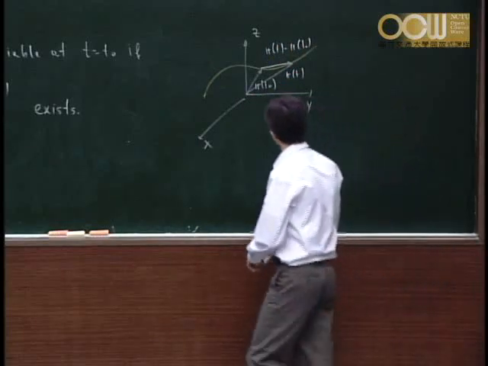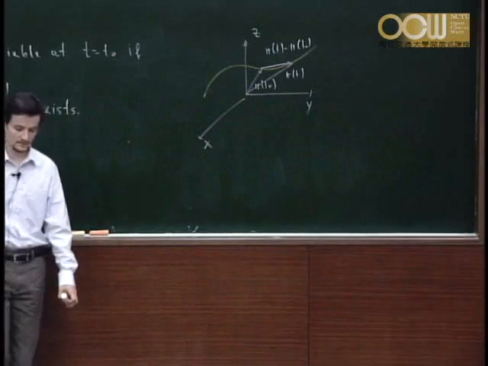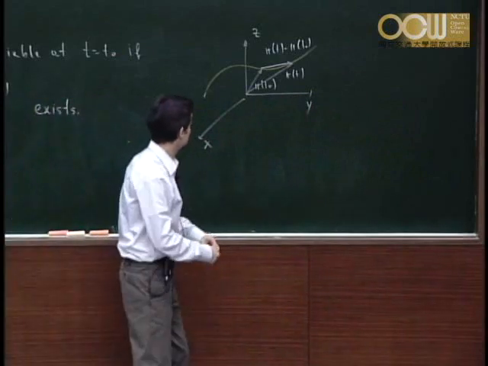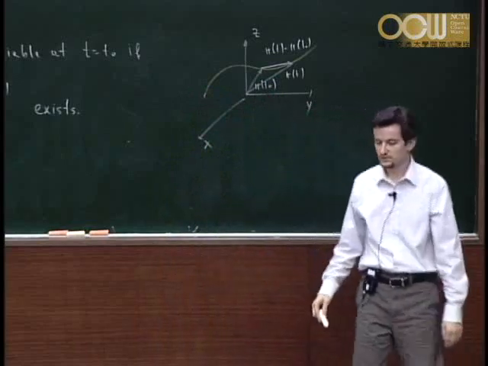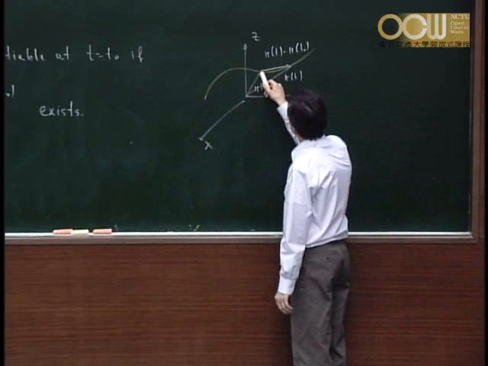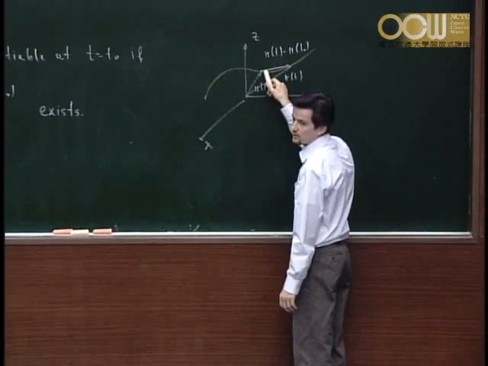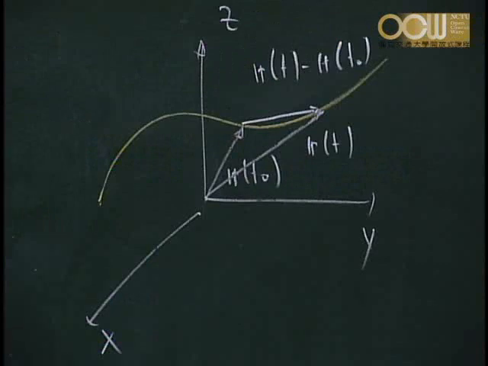So you see that if this limit exists, the meaning of this limit should be, at this point t0, a vector which is tangential to the curve at this point, and points in the direction of the curve. Okay, so this is the meaning of this symbol.